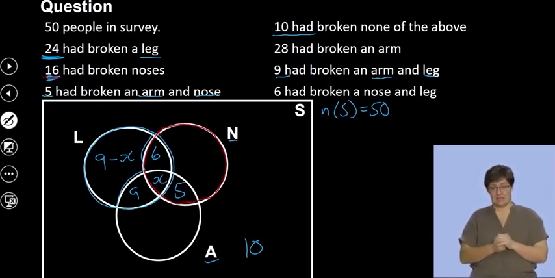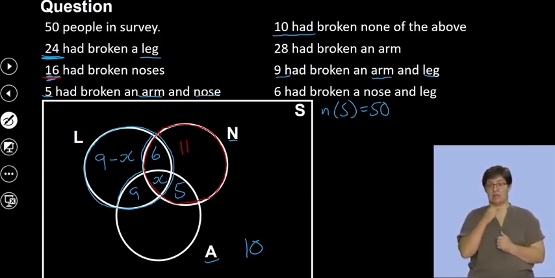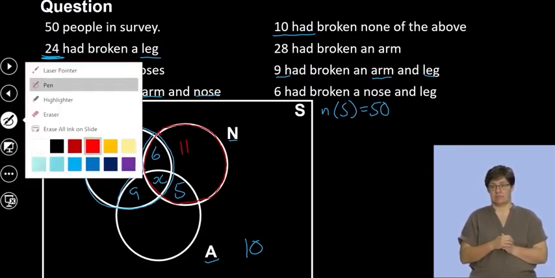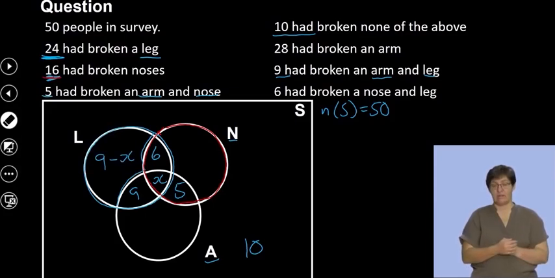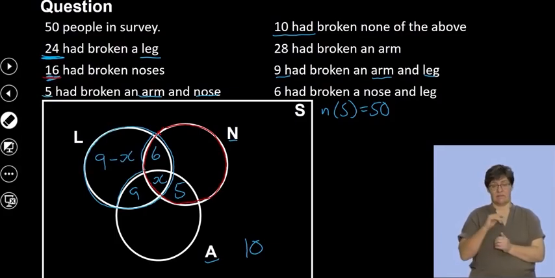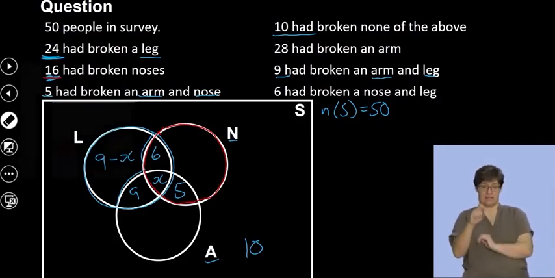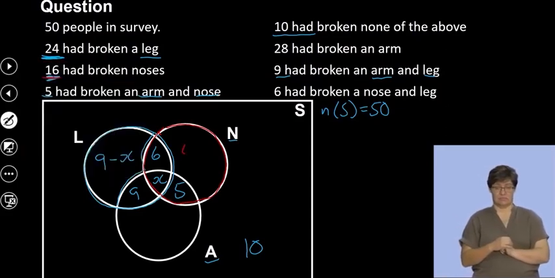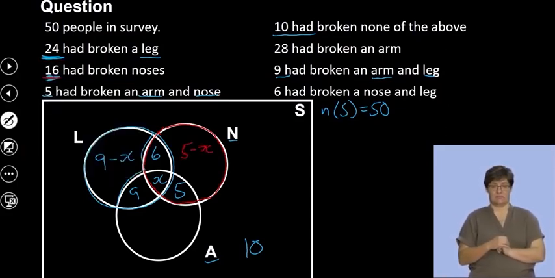We've got to recognize, though, that 11 of them are already counted, and X. So what's left over, the people that only broke the nose, is 11. Sorry, not 11. I have made a mistake there. We've got the eraser here, just to erase that. It's 16 minus 11. 16 minus 11 gives us 5. But we've got to subtract X as well. So in this space, we're going to say it's 5 minus X.